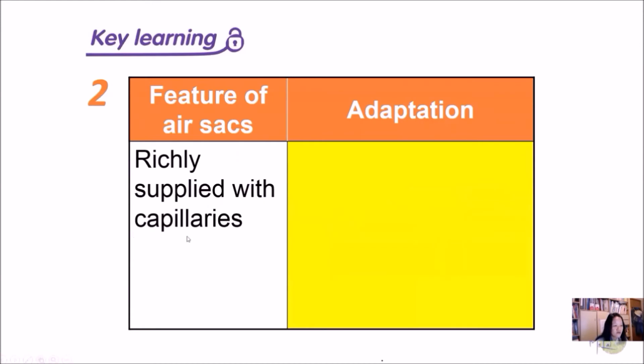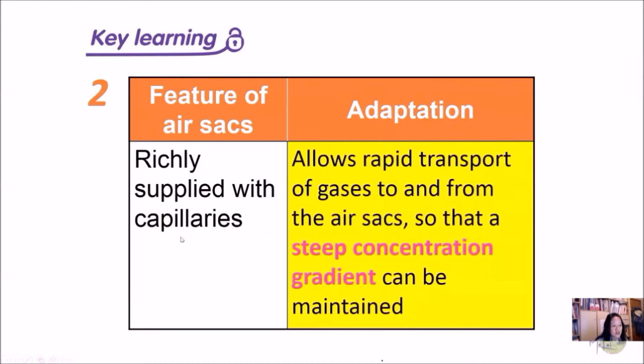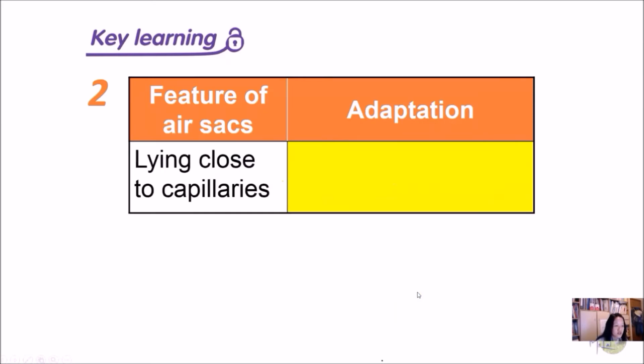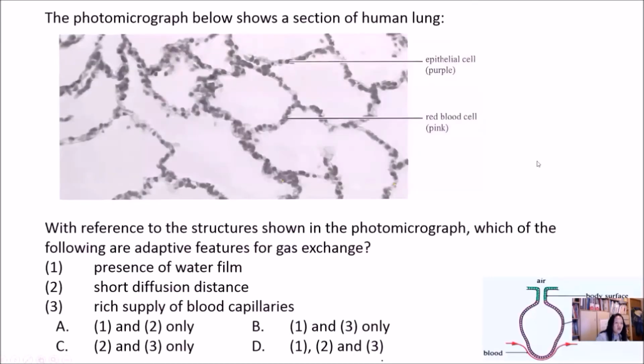Richly supplied with blood capillary. This one is similar to what you have learned for nutrition in human. It can rapidly transport the gas to and from the air sac, so it can maintain a steep concentration gradient. Lastly, it is lying close to the capillary to reduce the diffusion distance.